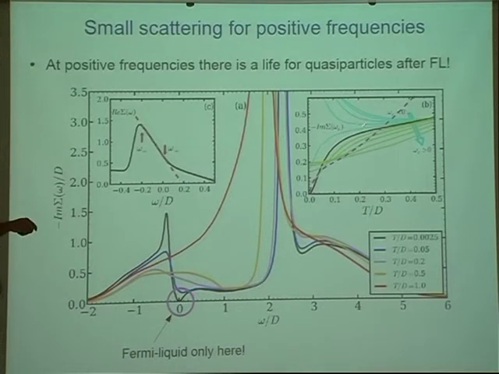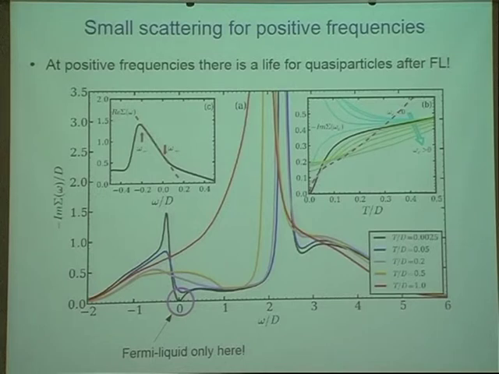What is above are different curves for omega smaller than 0. So you see, as I increase temperature on the negative frequency side, this self-energy very quickly becomes very big. I'm killing my negative frequency quasiparticles very quickly, while quite the opposite happens at positive frequencies, where as I increase the temperature, I still get values which are really small.